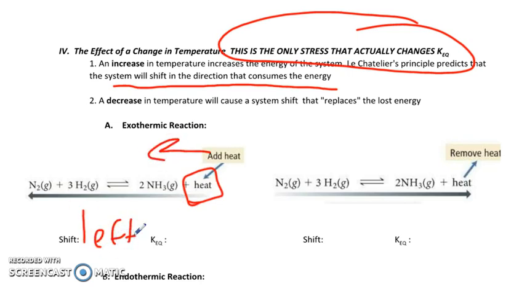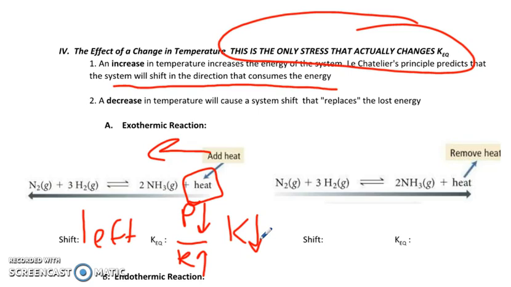Okay? What about the equilibrium constant? So if it shifts to the left, products goes down, reactants goes up. What happens to that value? Okay, what happens to the value? It's going to go down, so K will decrease, okay? What about the other way?